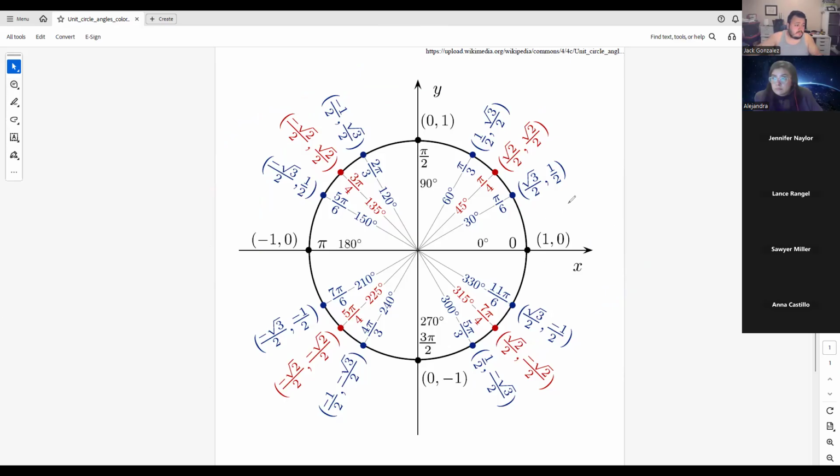Because if my answer is 0 plus k pi, when k is 0, I'm right here, right? When k is 1, I would be at 0 plus pi, which is pi. When k is 2, I'm back over here at 2 pi.